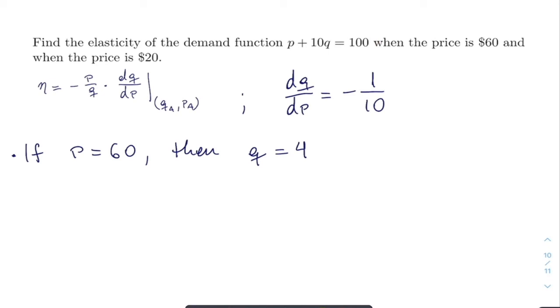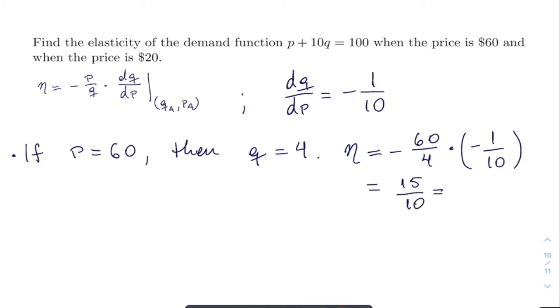So this gives me that the elasticity in this case is minus 60 divided by 4 times negative 1/10, which is equal to 15 divided by 10, which is 3/2.